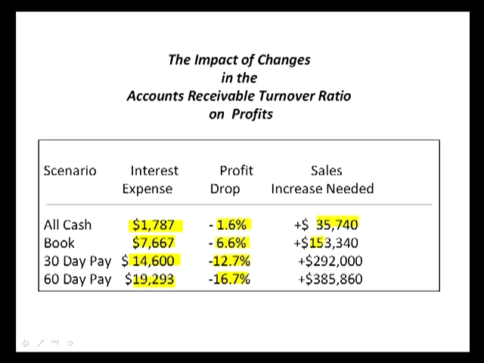It would take $153,340 in sales to make up for this interest expense. In the 30-day case, it doubles again almost to $292,000 in sales to make up for this drop in profit. And finally, with the 60-day situation, sales have to go up again by $385,860.